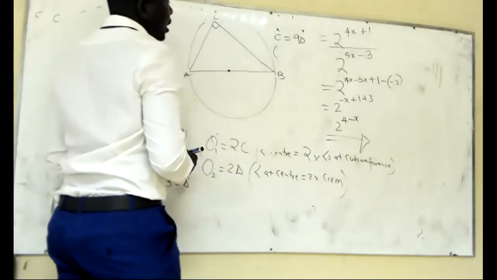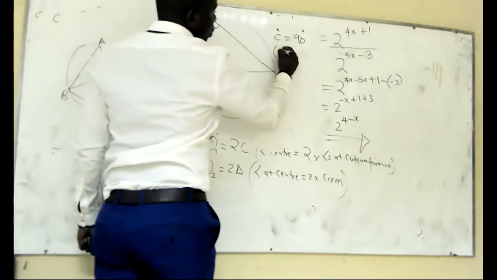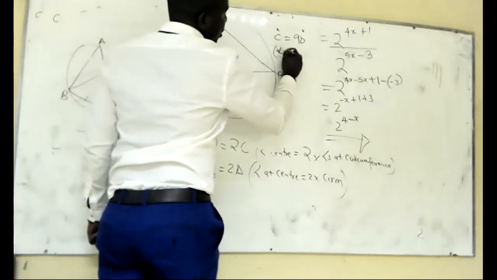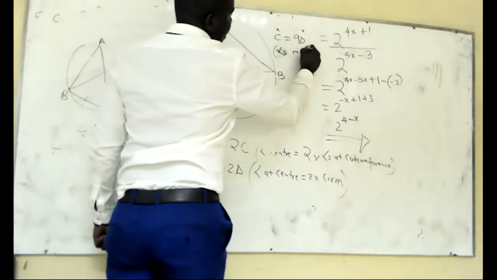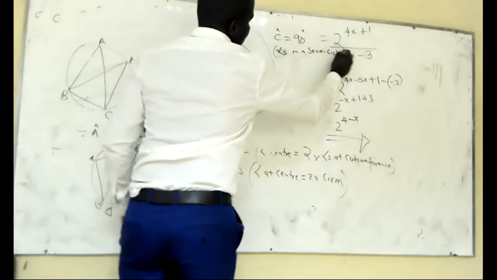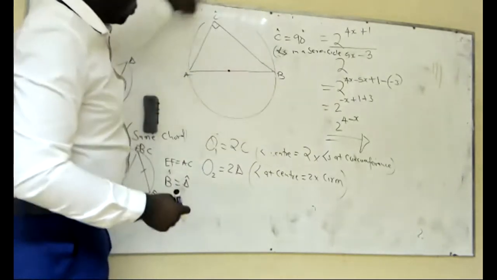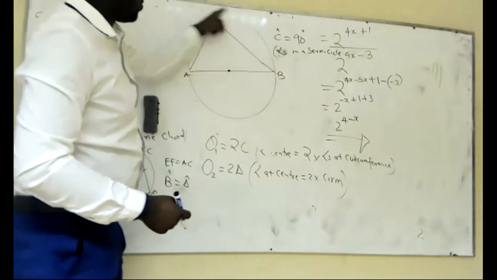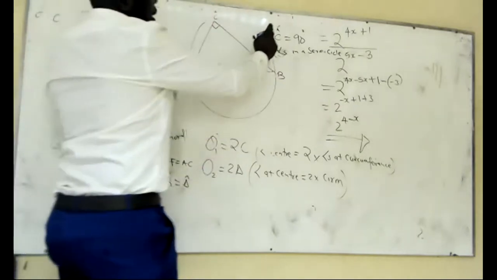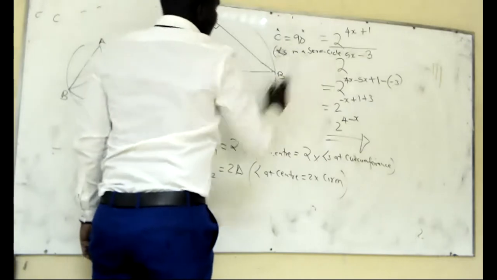Why must it be equal to 90 degrees? Because we have an angle in a semicircle. This is half of the full circle, so C will be equal to 90 degrees because we have an angle in a semicircle.